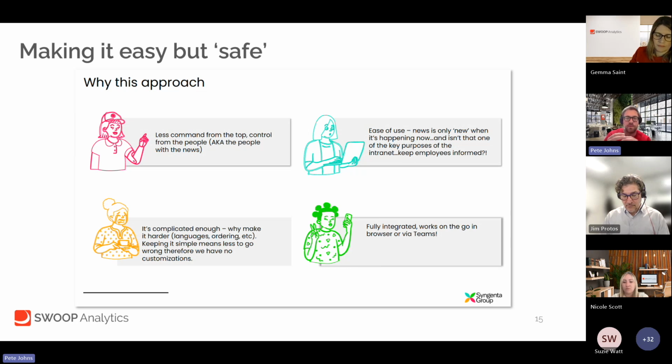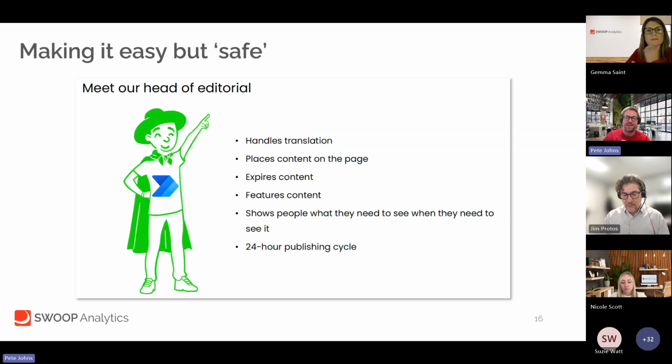And they do some great work with Power Automate as well, which they describe as their head of editorial. So they've put in a lot of time and thinking up front and done the hard work centrally, so that their decentralized content contributors and owners don't have to do the hard work.